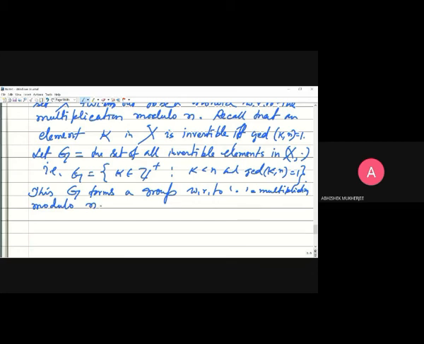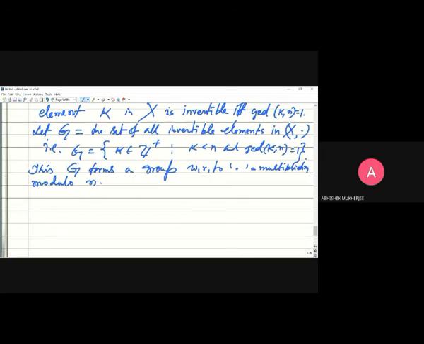And observe that the order of the group is actually the image of Euler's phi function at the point n.